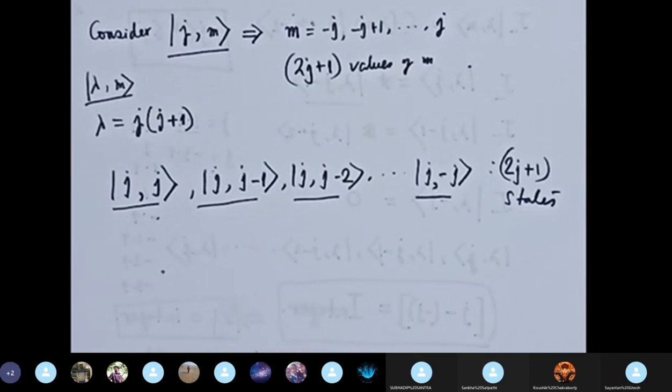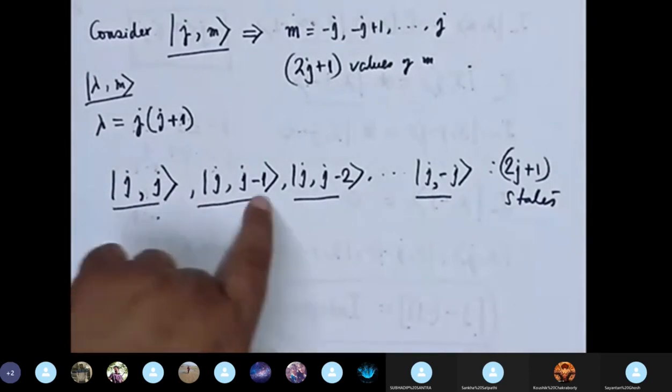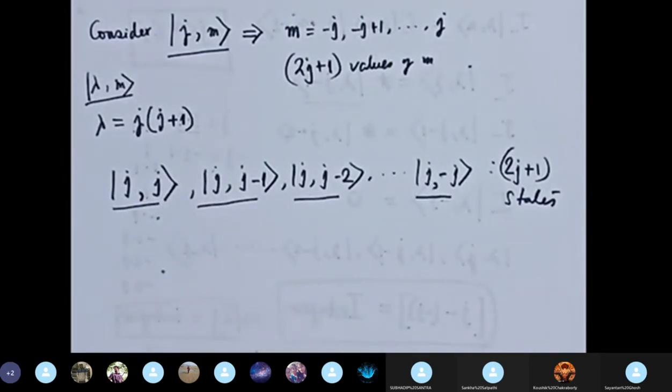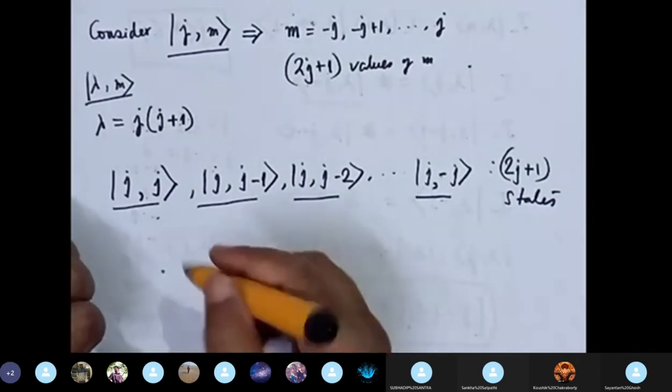You have done this in angular momentum algebra in quantum mechanics. So why are all these states orthogonal? What argument should I give to prove this? Or they are not orthogonal? Hello? I will not proceed unless I get the answer.